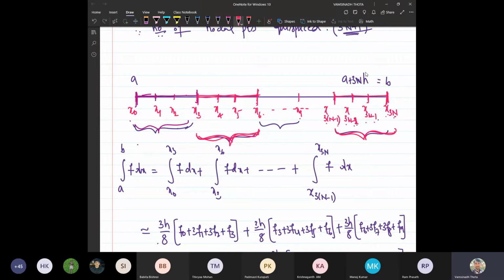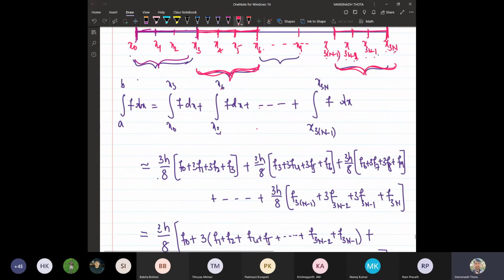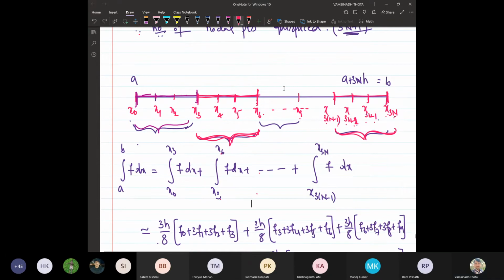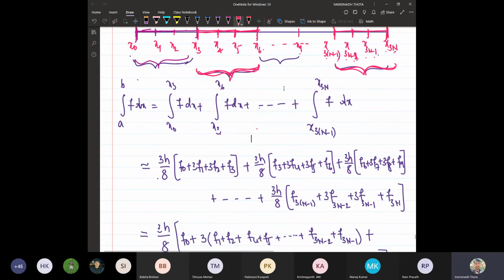So the integral on the entire domain a to b we split into the integral from x0 to x3, from x3 to x6, from x6 to x9, and so on up to the integral from x3n minus 3 to x3n. This division we can always do.